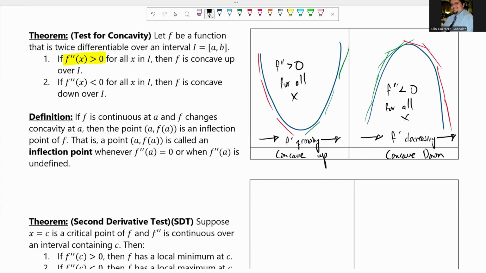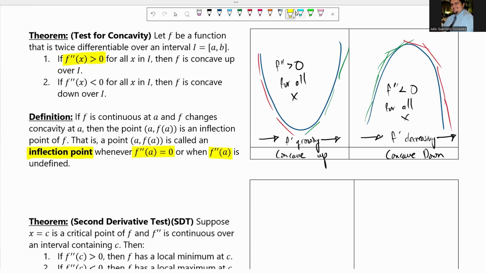New definition. An inflection point. An inflection point is considered a point where your f of x changes concavity. And that happens whenever the second derivative is equal to 0 or when the second derivative is undefined.